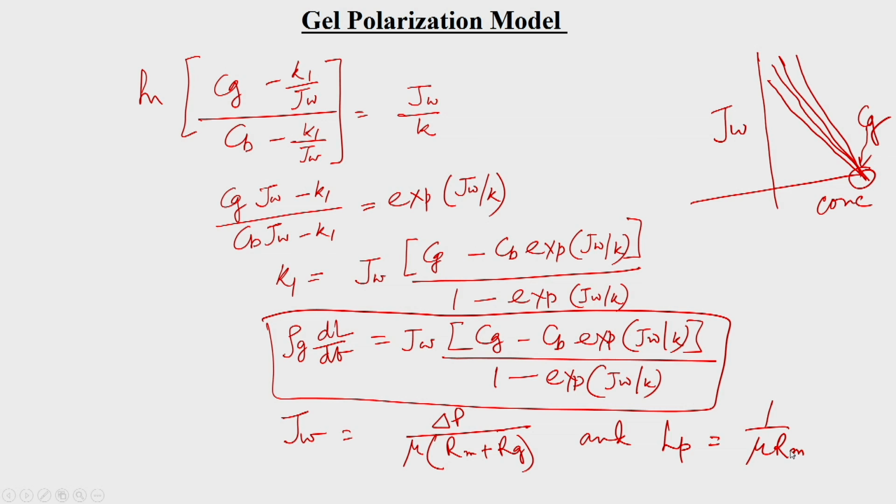And Rg will be equal to alpha into 1 minus epsilon g into rho g into L. Okay. So, we know this gel layer resistance will be like this, whatever the void fraction is there, and alpha is the specific gel layer resistance. Okay.